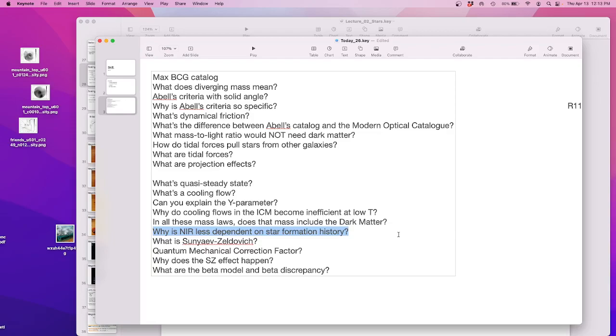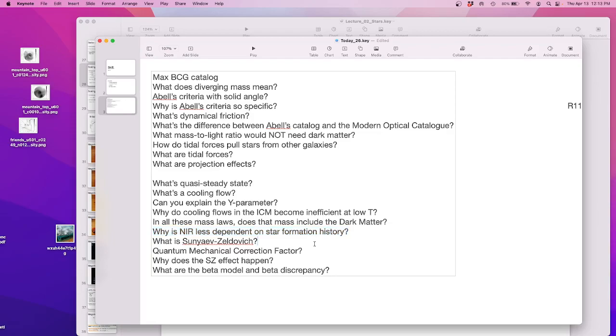The near infrared part isn't nearly as destroyed by all of the O stars dying. So when all the O stars die, the near infrared doesn't really care. You still see all the same AFG stars that you would see before.